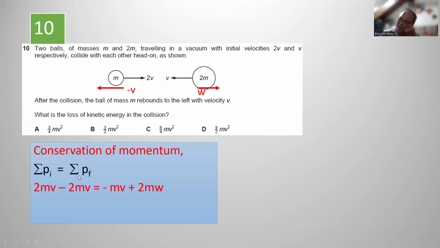After the collision, minus v times m, so minus mv, plus 2m times w. So we can calculate our w. m and m cancel off. So w equals half v.